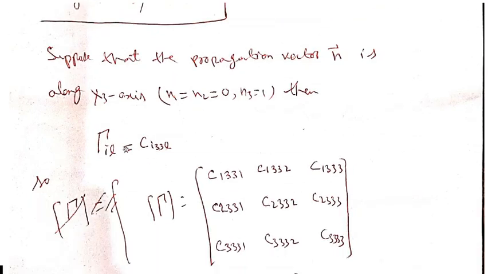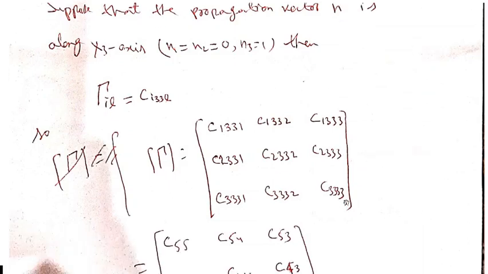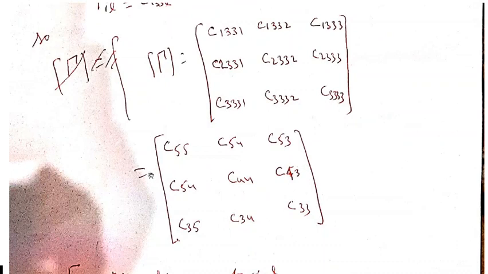Then our tensor gamma IL will be equal to C I 3 3 L, since gamma IL equals C IJKL nJ nK. Using n1, n2 equal to 0 and n3 equal to 1, we will be left with only C I 3 3 L. So with the help of this, we have these components.